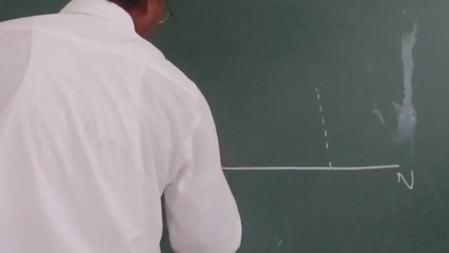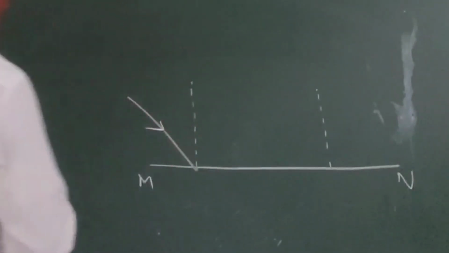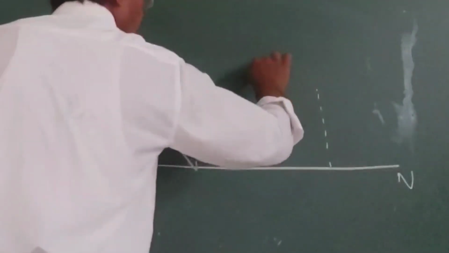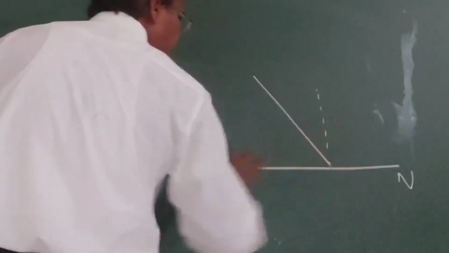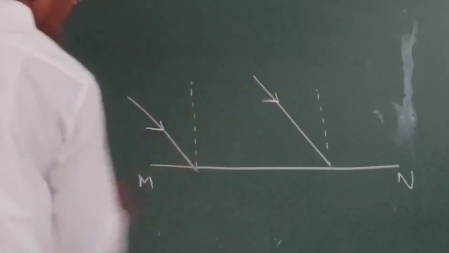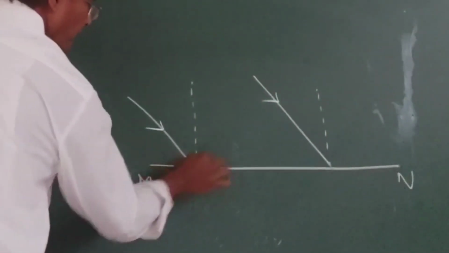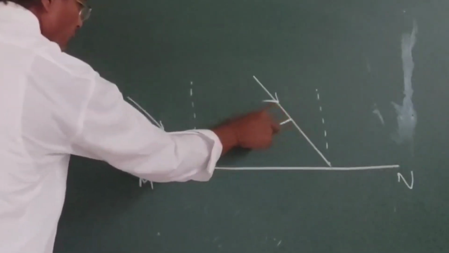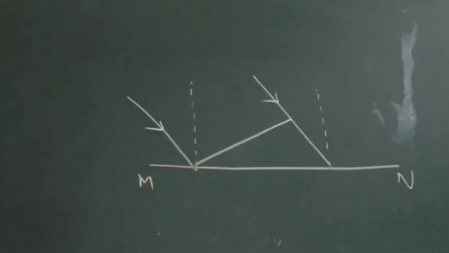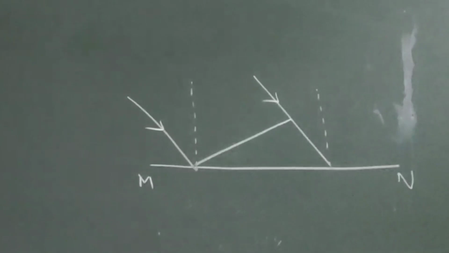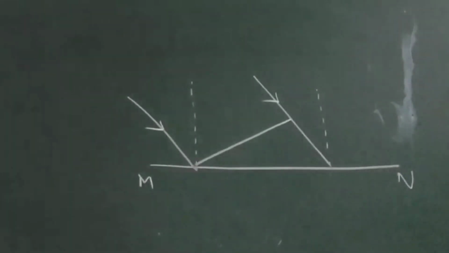Incident plane wavefront means this is one incident ray, falling at this point, and this is another incident ray, also falling at this point. A line drawn perpendicular to these rays is the plane wavefront. We call this the incident plane wavefront.